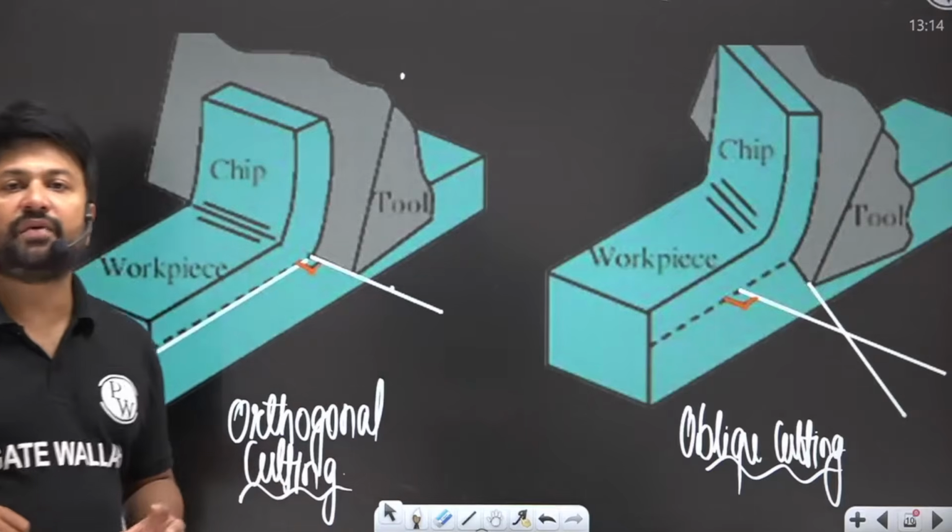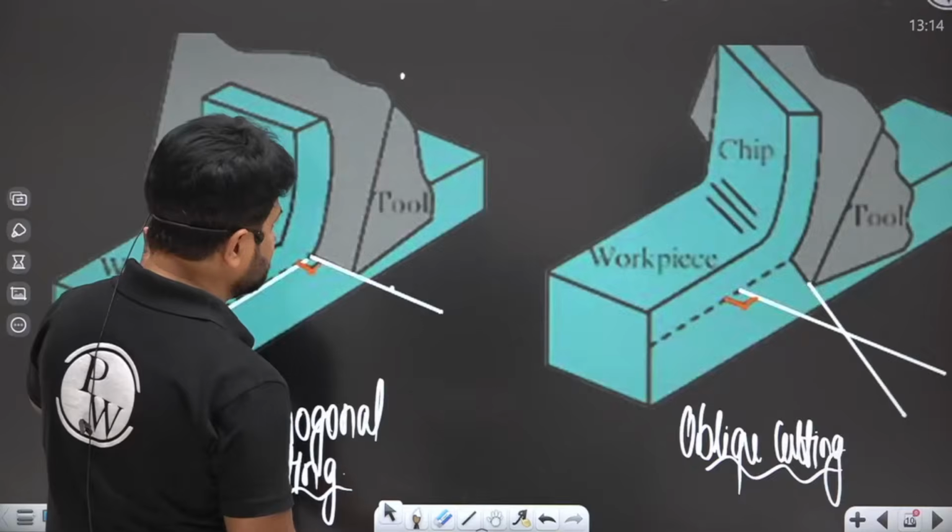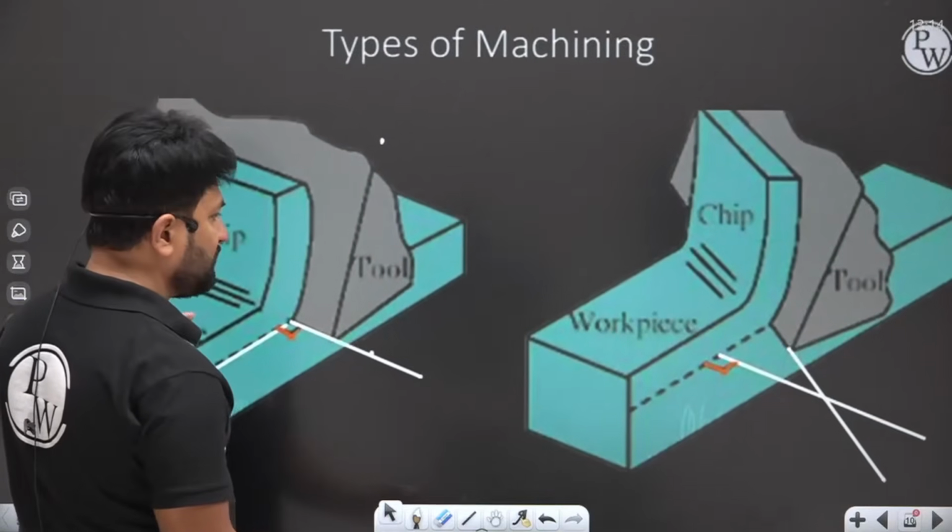And meanwhile, we are going to discuss the assumptions of orthogonal cutting.